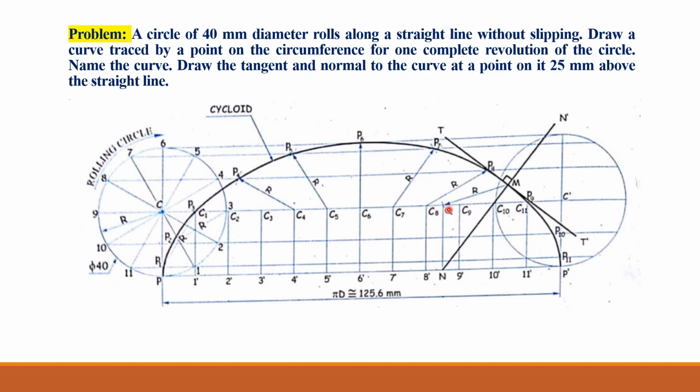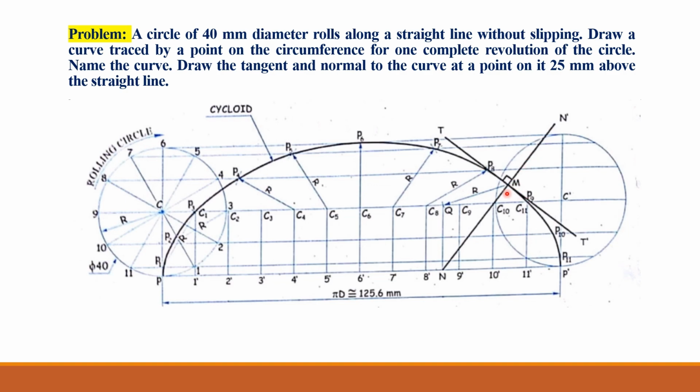Now see this vertical line drawn through point Q cuts the horizontal tangent line to the circle at point N. Then this N point and this M point are joined by a straight line, and this straight line shows the normal to the curve. So this is the normal to the curve through the point M at a distance of 25 millimeter from this horizontal tangent line.